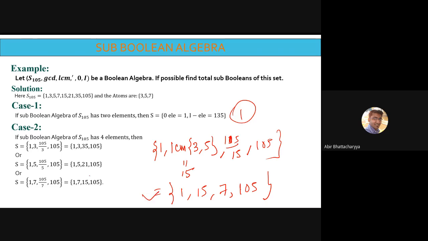This set and the earlier set are the same, which means it's a repeated set, so we will ignore it. We only take sets that are non-repeated, and there are only 3 possibilities under 4 elements. So a total of 3 sub-Booleans are possible under case 2.